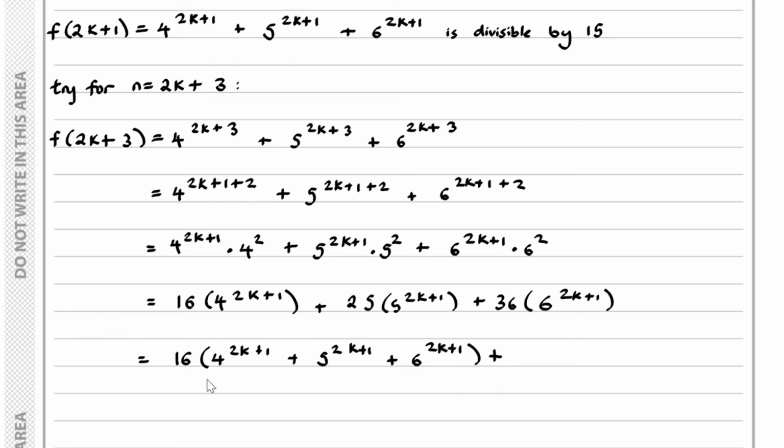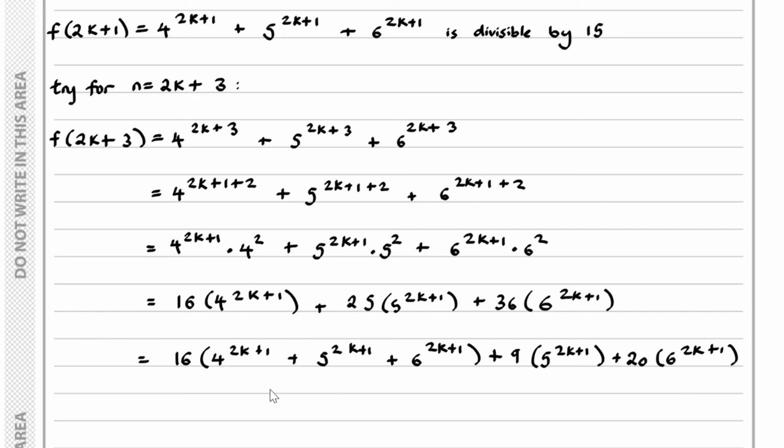And then over here, we've got 16 lots of 5 to the power of 2k plus 1, but here we've got 25 of them, so we need to add on an extra 9 lots of 5 to the power of 2k plus 1. And then we've got 16 lots of 6 to the power of 2k plus 1. We've got 36 of them, so we need to add on an extra 20 lots of 6 to the power of 2k plus 1.